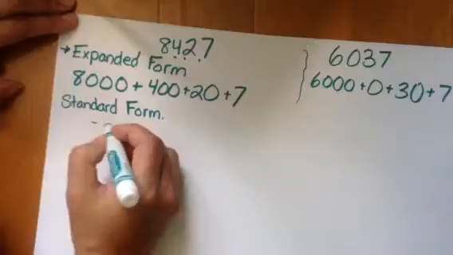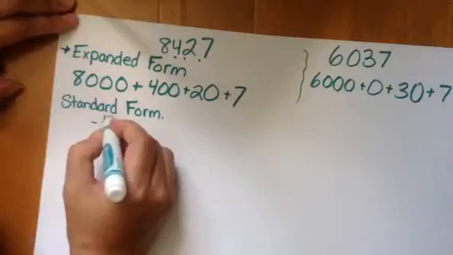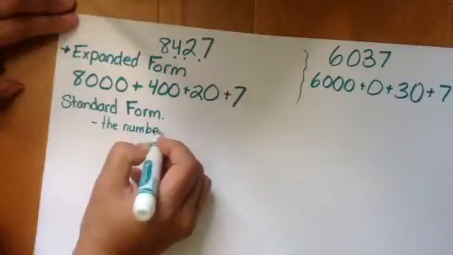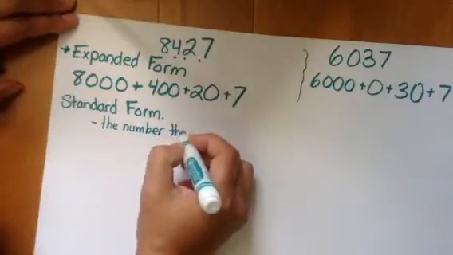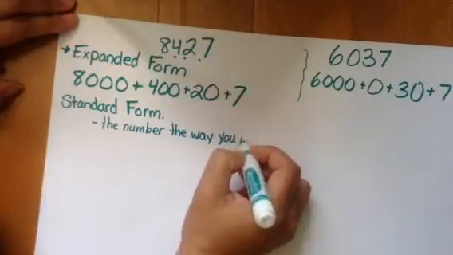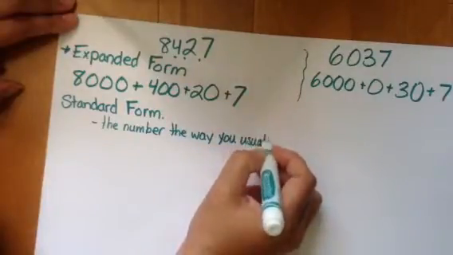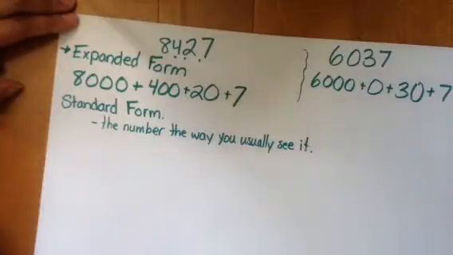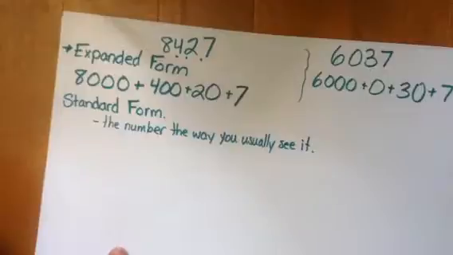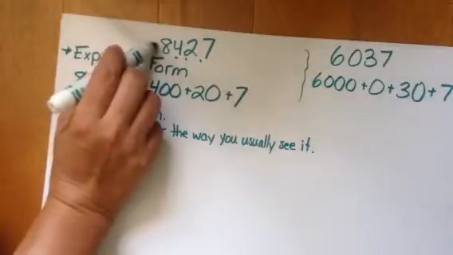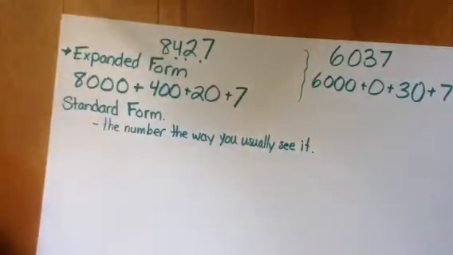So however you want to write that, standard form is the number so the way you usually see it. And then what you can do in your math interactive notebooks is give an example. So this is an example of a standard form number.